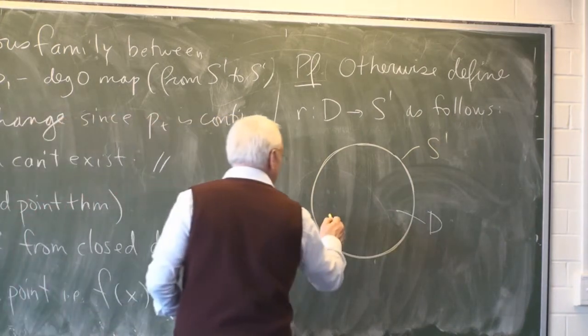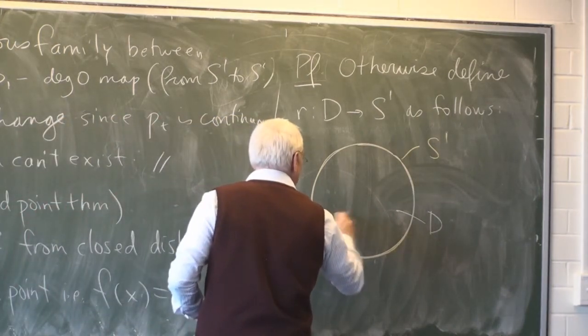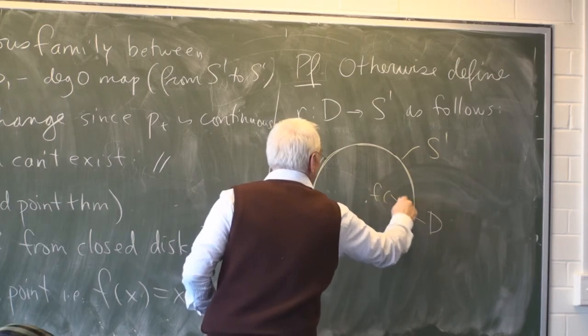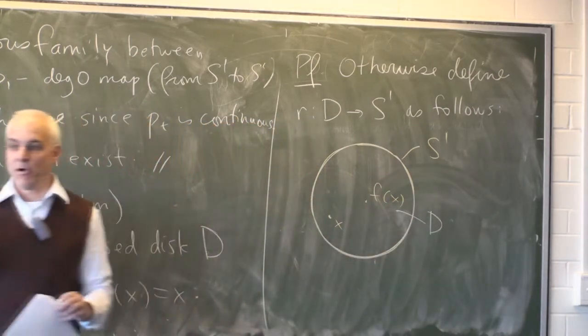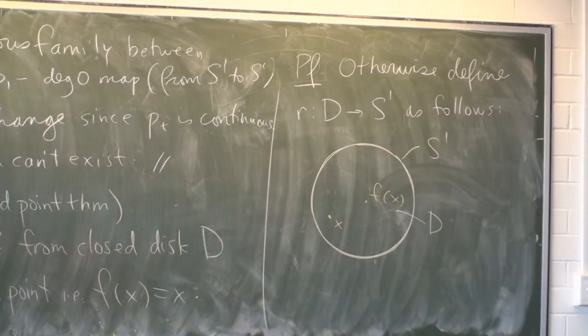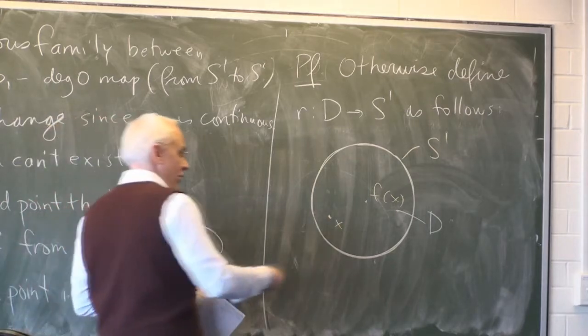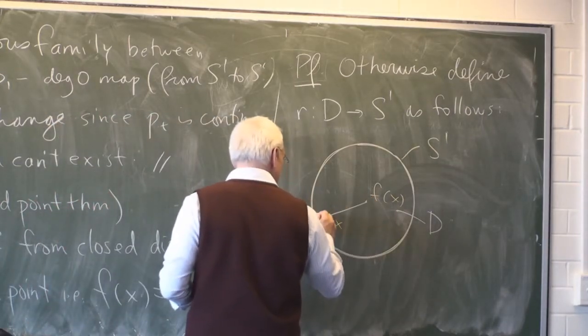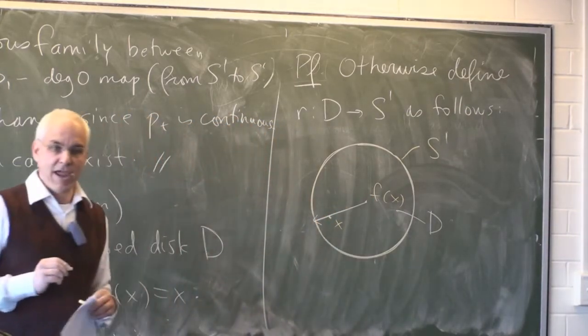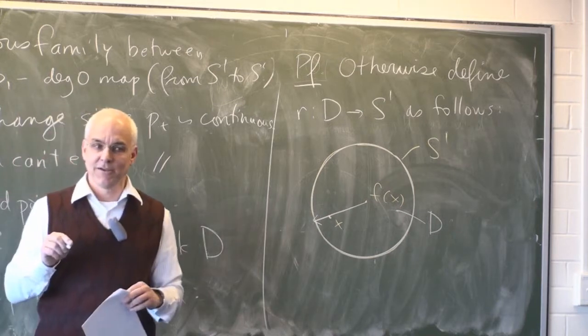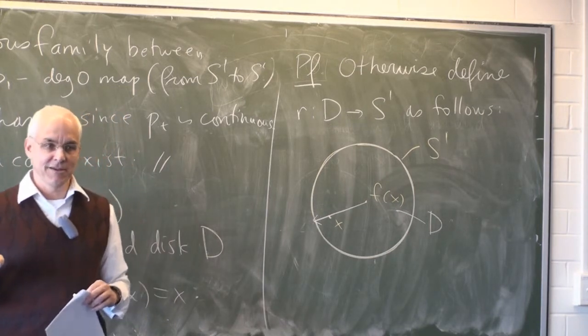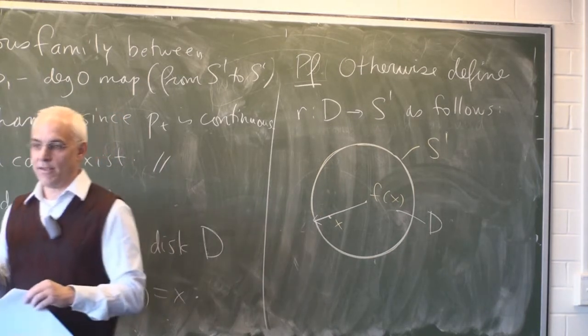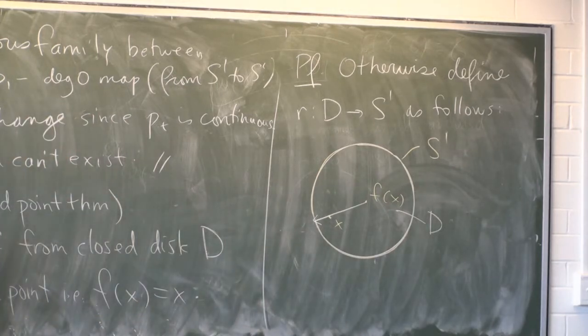So given any point x, there's f of x. Now suppose that x and f of x never coincide. Then what you can do is you just draw a ray from f of x in the direction of x, and eventually that ray will hit the circle.